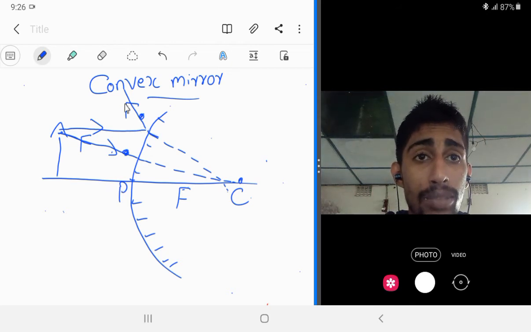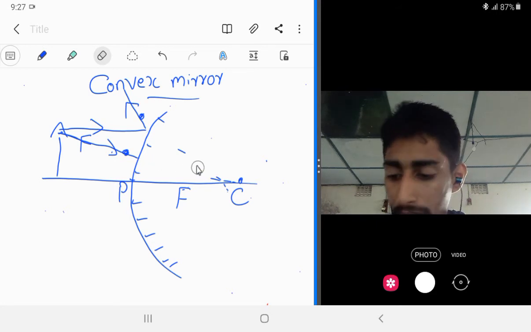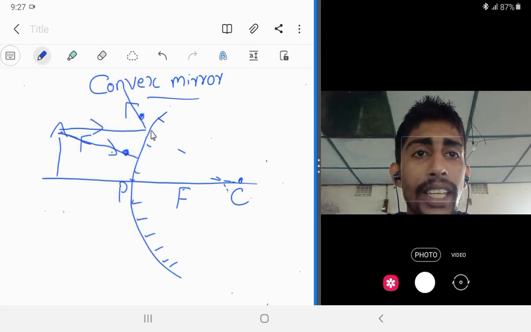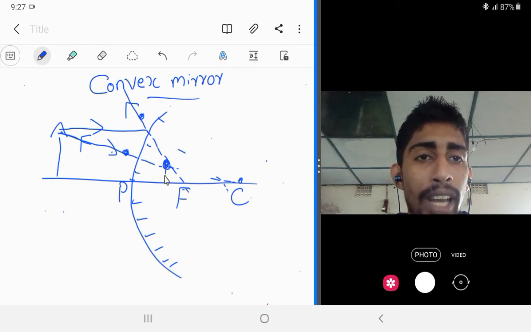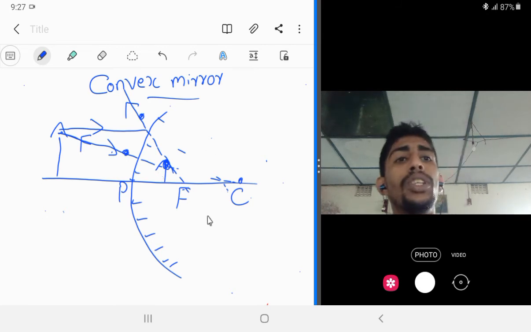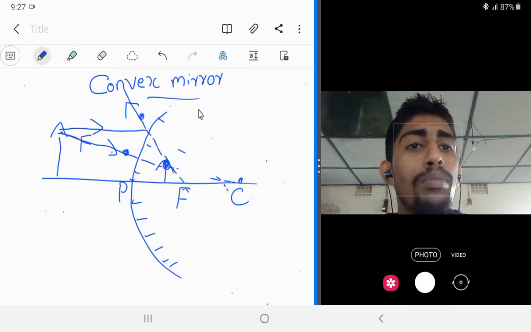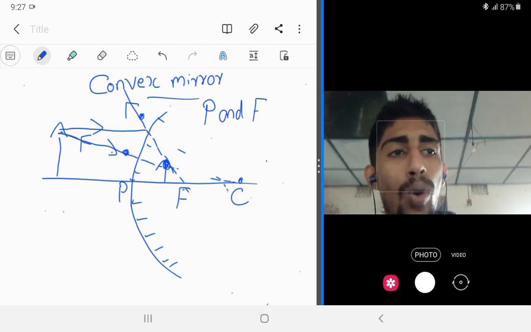If we extend back the light rays, you can see at this point both the light rays converge. So where do we get the image? We get the image in between the pole and the principal focus.